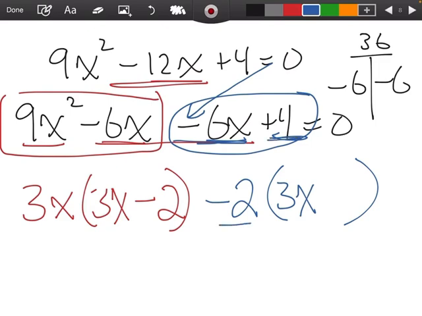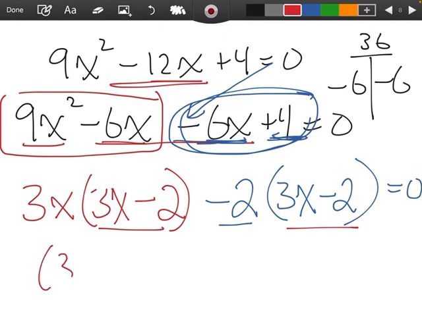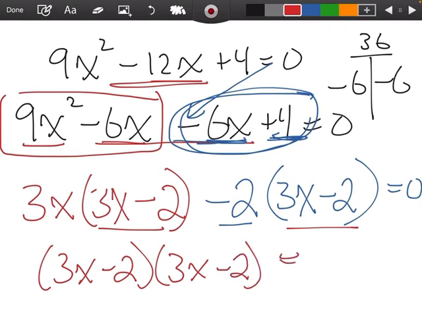Positive 4 divided by negative 2 is a negative 2, equals 0, right? Now, we didn't take an x out of here, guys, because they both don't have an x. Now, we know we did this right if this piece here and this piece here match up. They do. So we have 3x minus 2, and we have another 3x minus 2, equals 0.